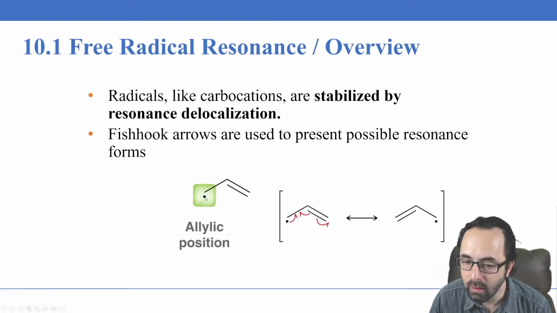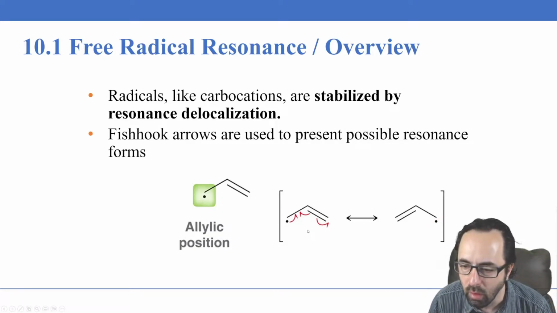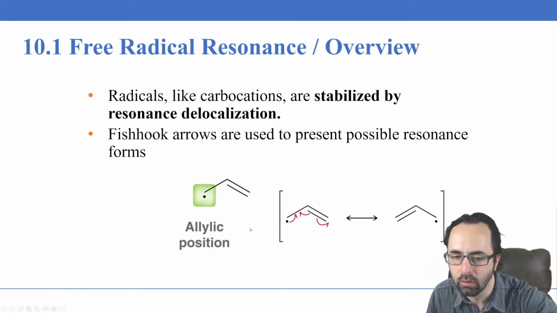And so we can say this electron goes into making a pi bond here. One of the electrons from this double bond goes into making a pi bond here. And that's represented with these 2 arrows right here, one here and one here. And then this last electron now goes on the other carbon, and we have the other resonance structure. And like we do for all resonance structures, we put a double arrow between them and put brackets around the complete set of resonance structures.